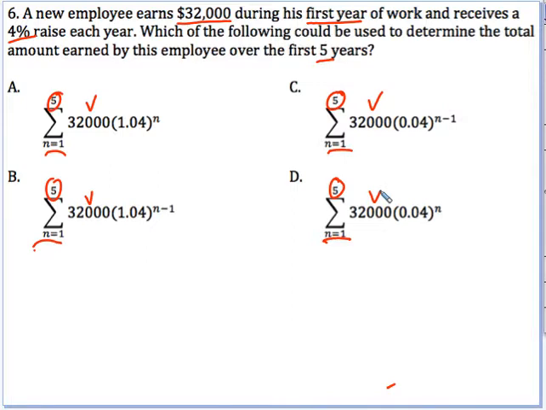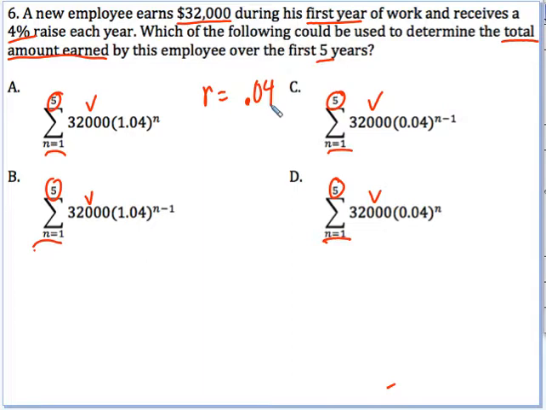And then let's look at the interest rate. So he's getting a raise of 4% each year, and we want to know his total salary, total amount earned. Okay, we are looking for the total amount earned. So if my rate was just 0.04, that would be just the raise amount.